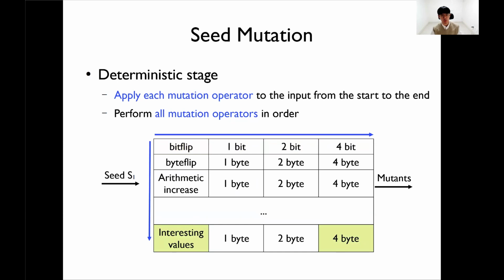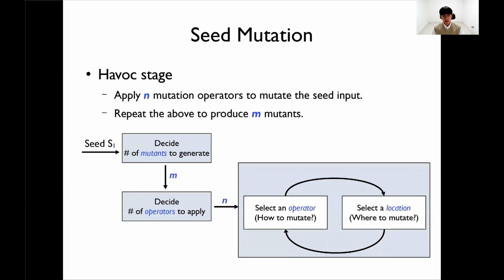Okay, let's move on to the next stage, the Havoc stage. In the Havoc stage, AFL aims to apply multiple operators to mutate the seed input. So in this stage, it takes the original seed as input and first determines the number of mutants to generate. Suppose that the number is m.